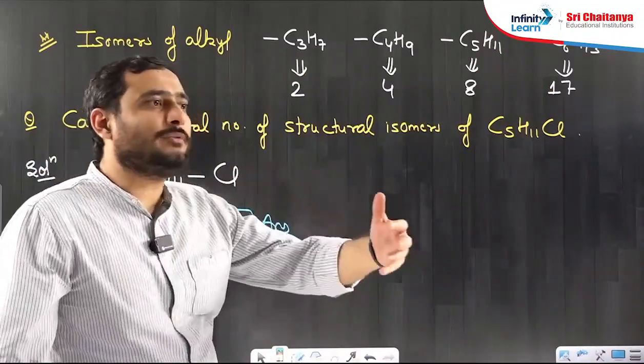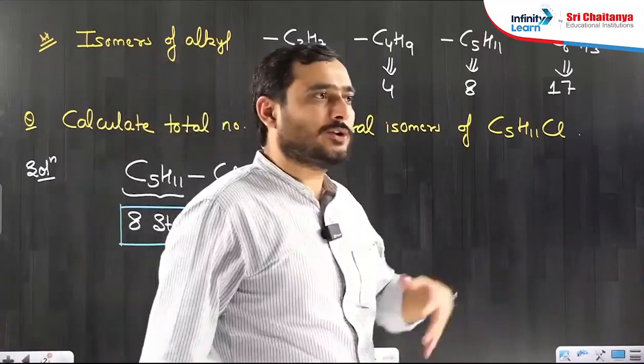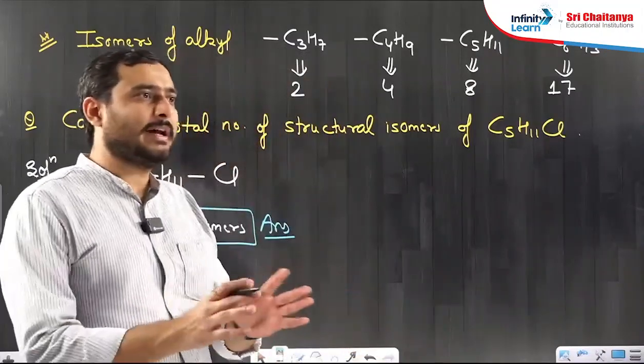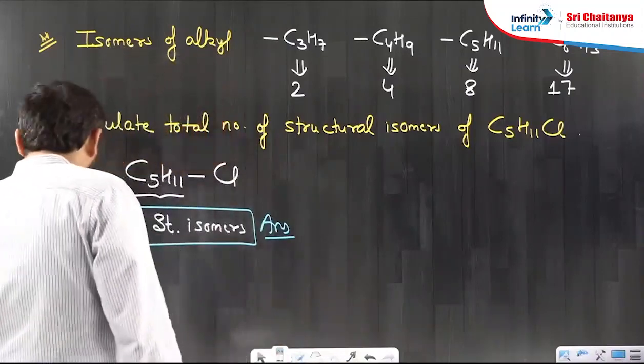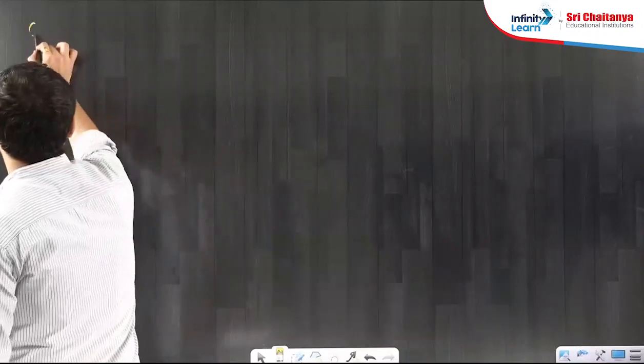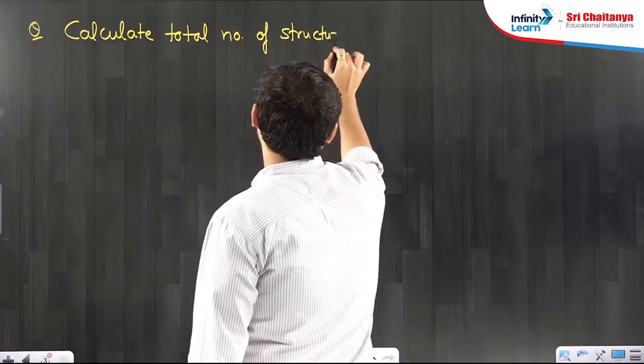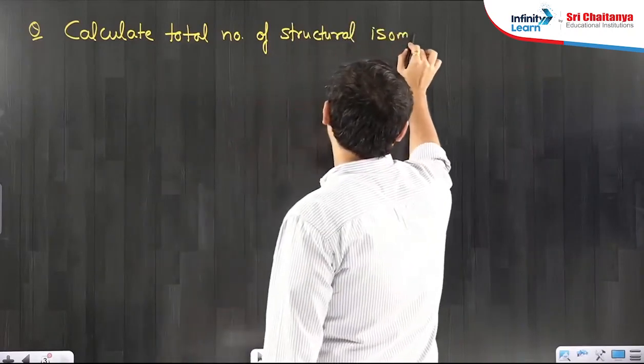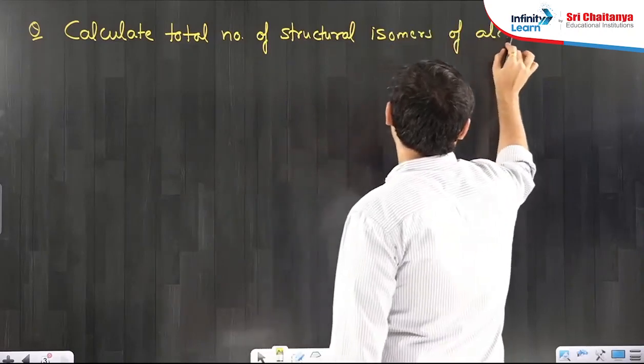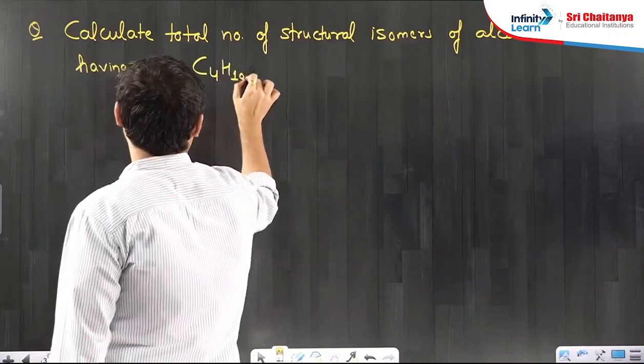Now we will do different types of functional groups. The first functional group will start with alcohol, then we start with ether, then combine alcohol and ether. So the first question is: calculate the total number of structural isomers of alcohol having molecular formula C4H10O.